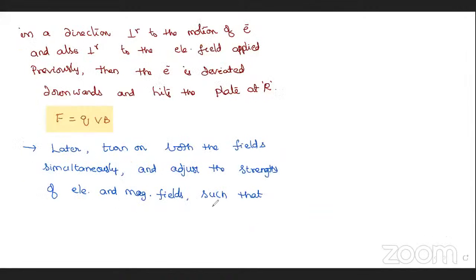I'm changing the electric and magnetic field such that the electron should hit the plate again at P. That implies force due to electric field is equal to force due to magnetic field.